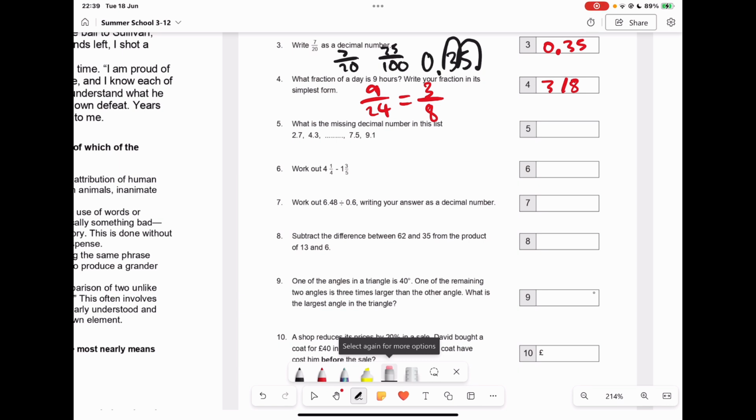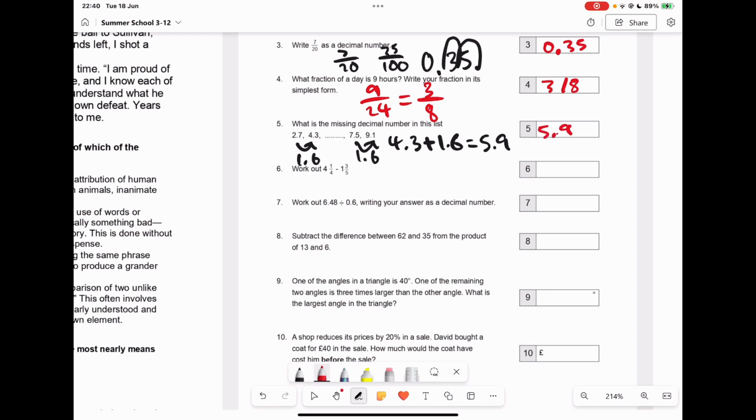So we can see that 2.7 plus 1.6 gives 4.3, and then we can see 7.5 to 9.1 is also 1.6. So 4.3 plus 1.6 will be equal to 5.9. And then our answer will be 5.9.